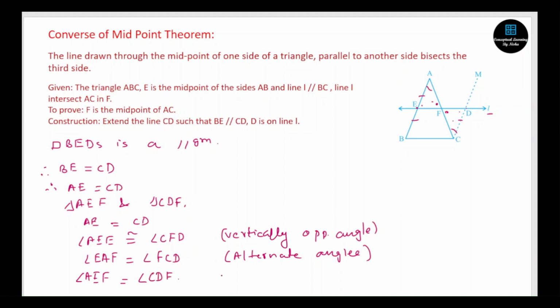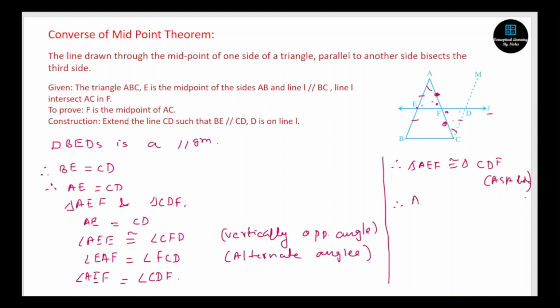So by ASA rule, now what I can say, these two triangles are congruent. Therefore, triangle AEF is congruent to triangle CDF. ASA rule, yes, ASA rule again, right? So, now what can I say? By CPCT, AF and FC are equal, correct?